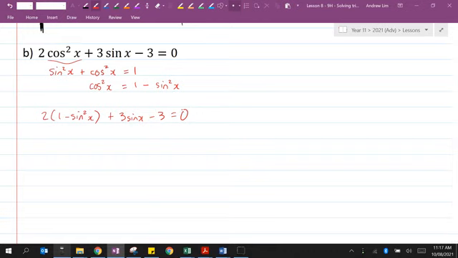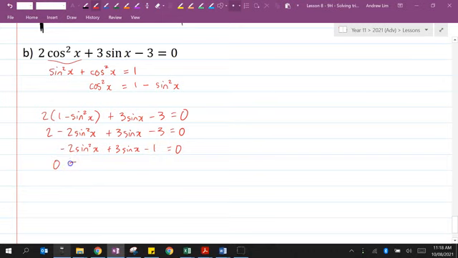I'm going to expand these brackets, simplify this, and collect like terms. 2 minus 3 is -1. And because sine squared is negative, I'm just going to move everything to the right hand side, make it positive.